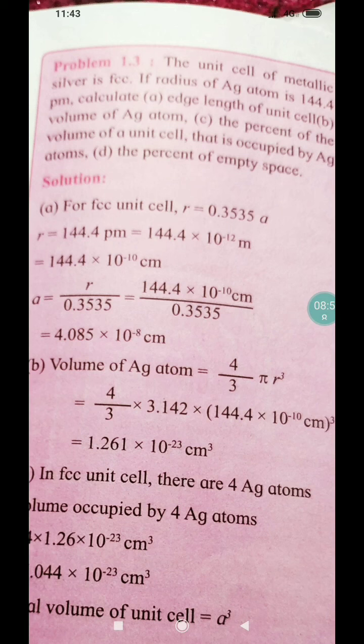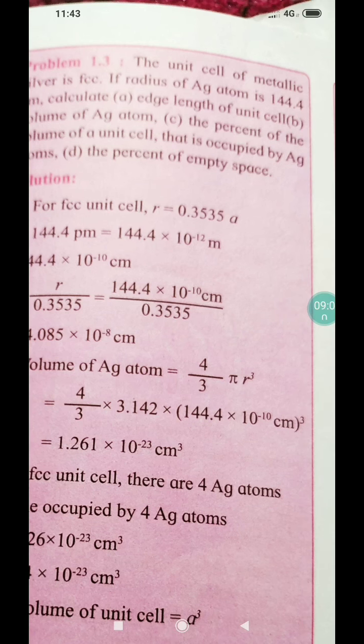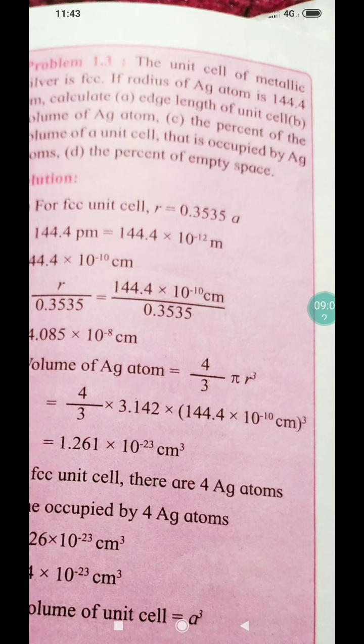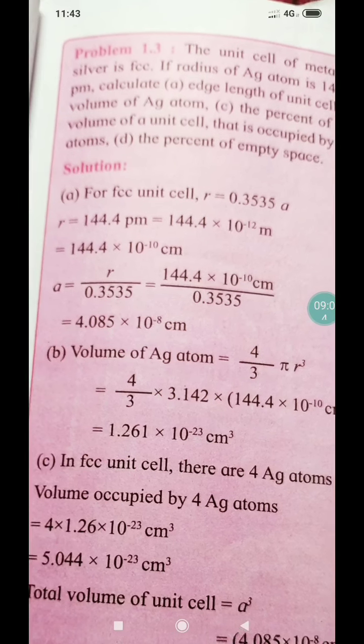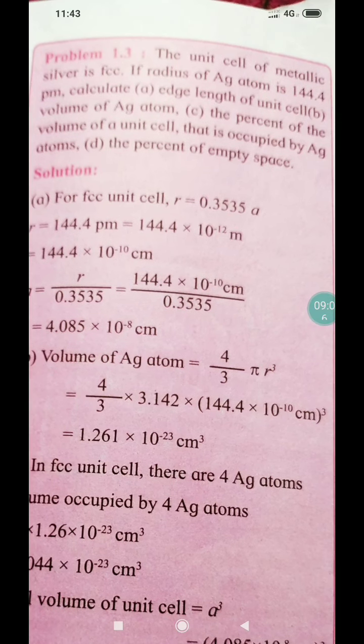So next problem: a unit cell of metallic silver has a face centered cubic structure, which means it crystallizes in face centered cubic structure. If the radius of the silver atom is 144.4 picometer, calculate A, the edge length, B, the volume of the atom, then the percentage of the unit cell volume occupied by the Ag atoms, that is the occupied volume, and the percentage of empty space, that is the void space.